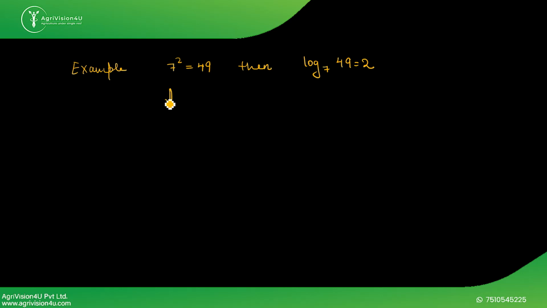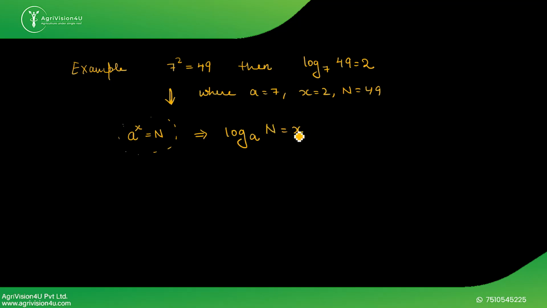So if I want to write it in the general expression form, how can I write it? A to the power x is equal to n, where in this example a is 7, x is 2, and n is 49. So how can you convert this into logarithmic form? Log base a of n is equal to x.